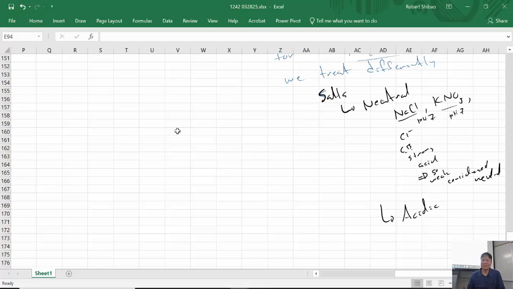Acidic salts would be something like FeCl3. The chloride's neutral, but the iron is not. Do you see iron on the chart up here? Can you find iron on the chart?